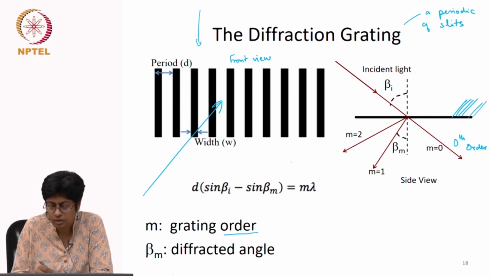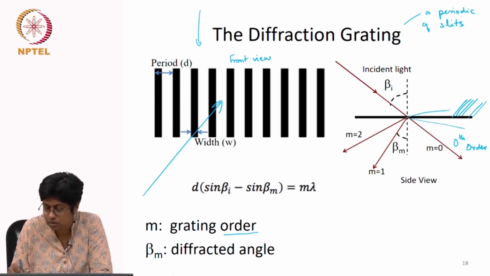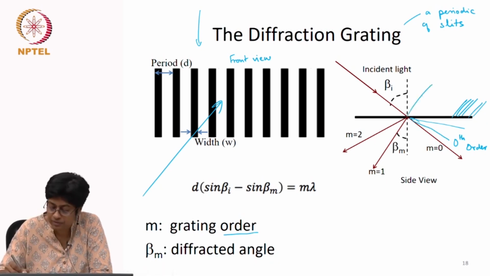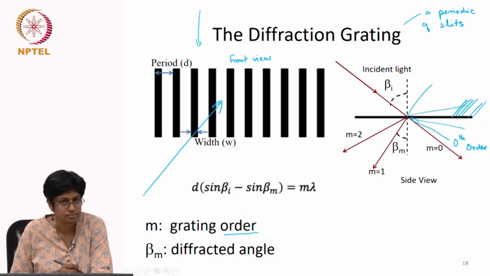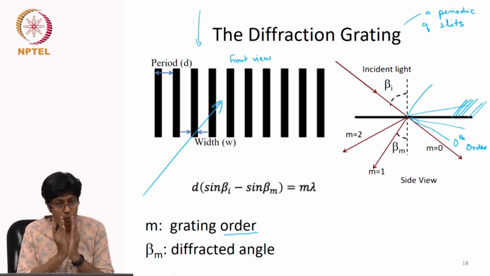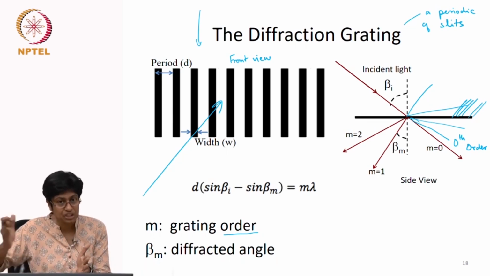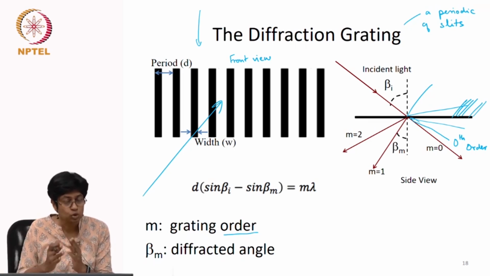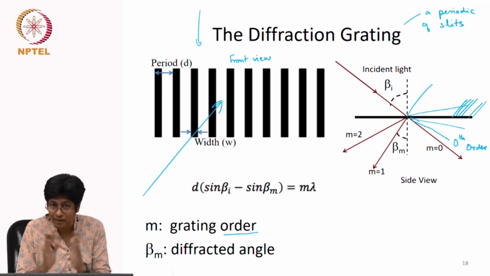I may have some orders to this side, I may have some orders to this side, and if this is a reflective element, I may have some things to this side. So instead of one incident beam, because of this periodic collection of slits, you now generate a number of beams, but those beams don't take any random direction.